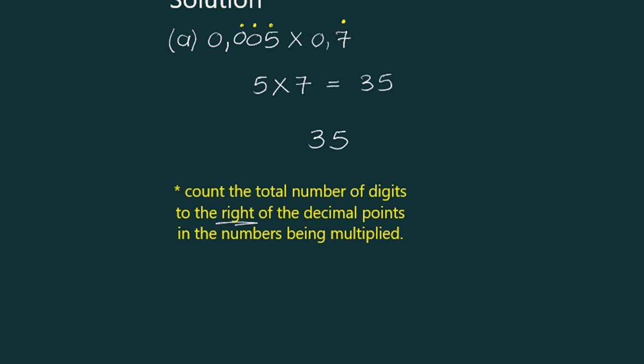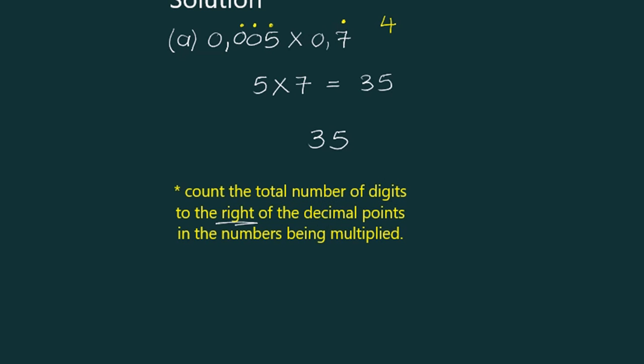So in total we have 4 digits to the right of the decimal points in the numbers being multiplied.